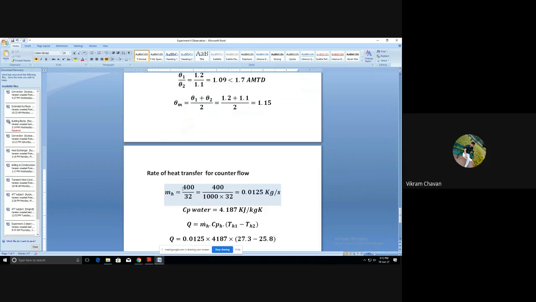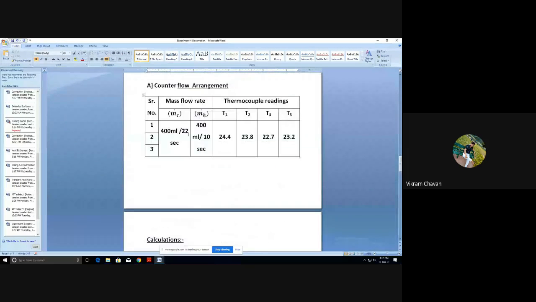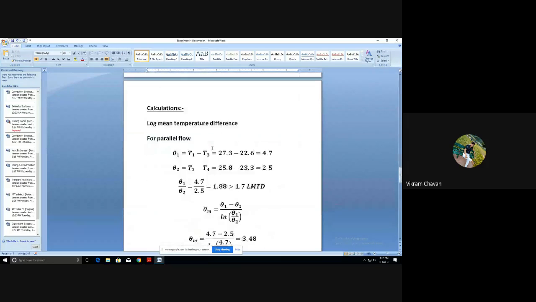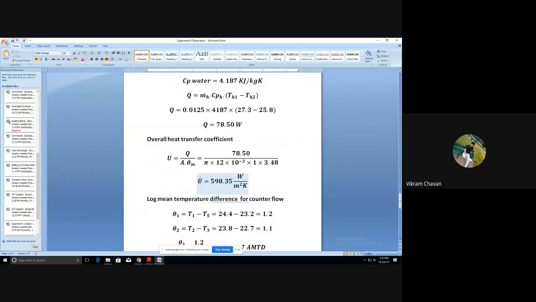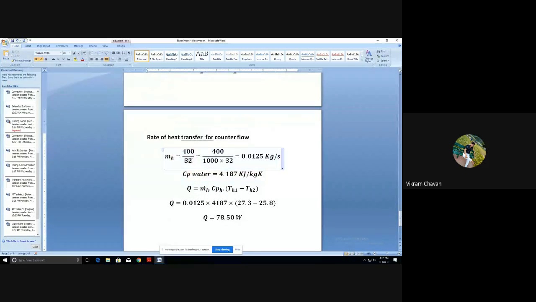MH, the mass flow rate for the hot fluid for counterflow, is 400 ml divided by 10, and here also 10. It is equal to 0.04. Then the cp is the same value.